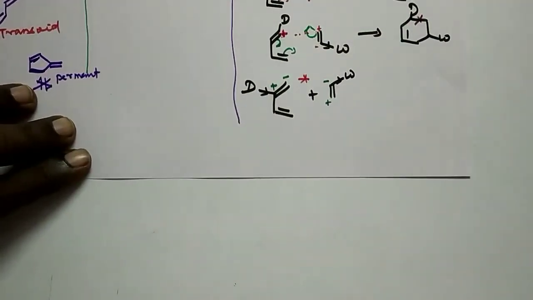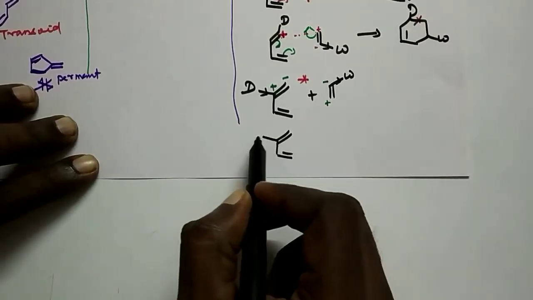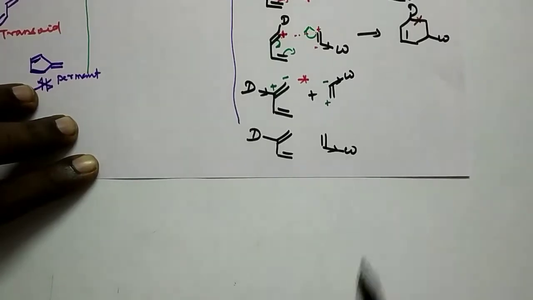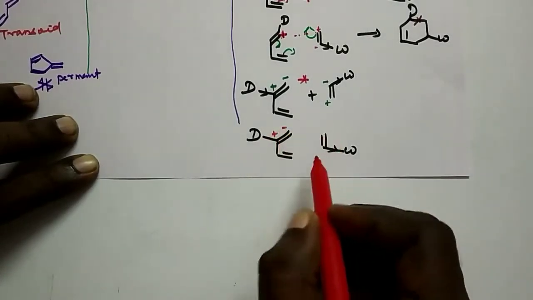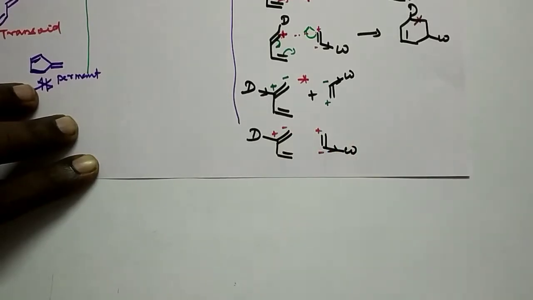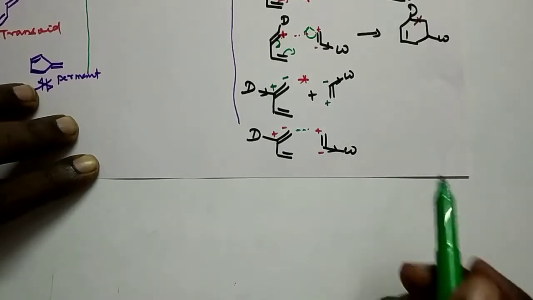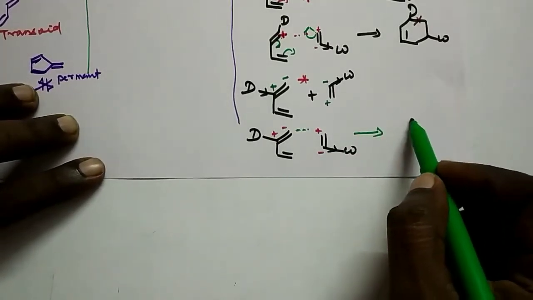Write the other way. Positive, negative, negative, positive. Now, positive, negative overlap is okay. So in that case, the product is what?